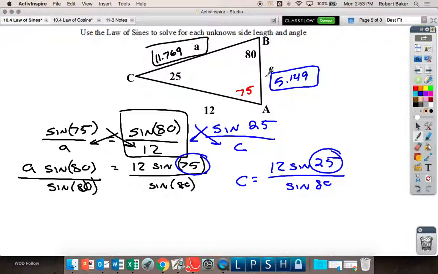Fun stuff, huh? Do we have to round the decimals? I would really encourage you to use at least 4 decimal places, because on your test, you have to do the law of sines to be able to do the law of cosines.